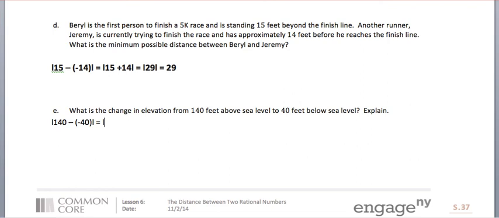Again, changing to addition and adding the inverse, which would be positive 40. And we're looking for the absolute value of 180, which is 180 feet.